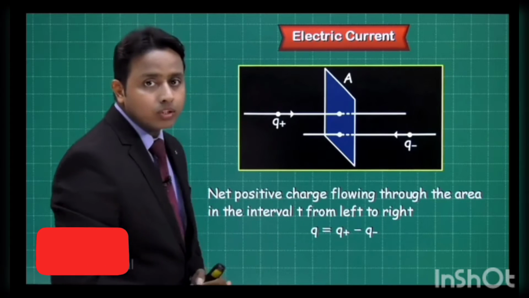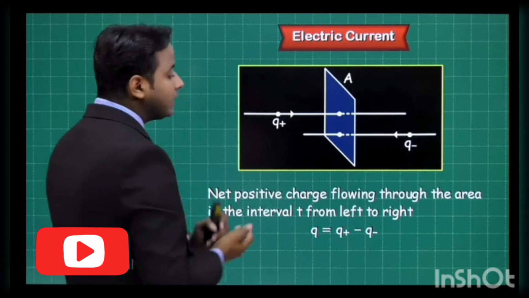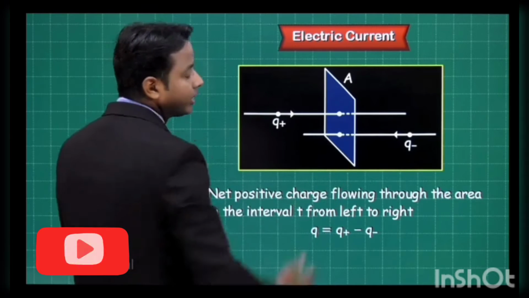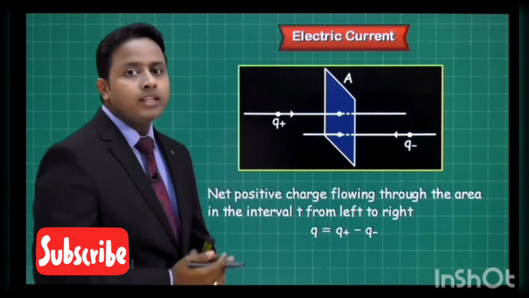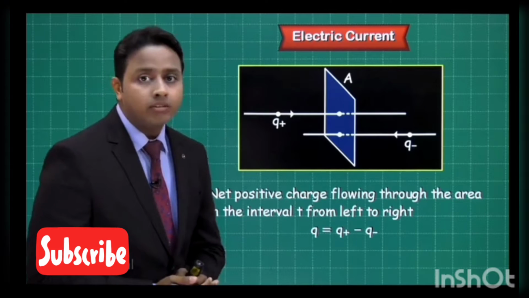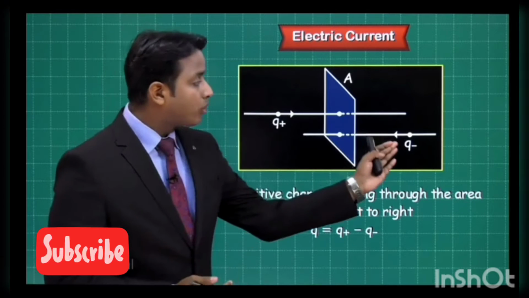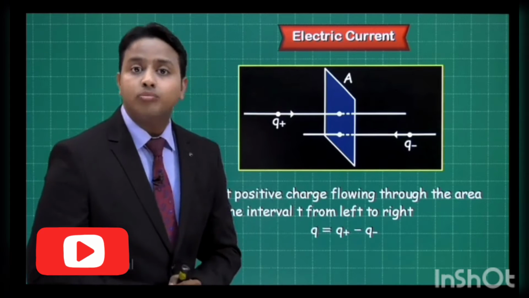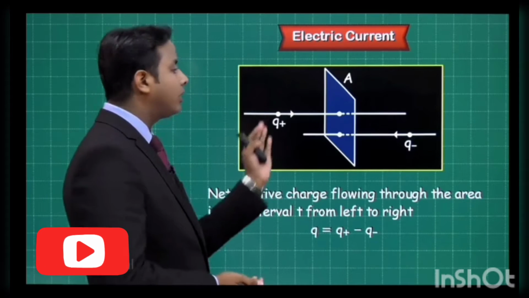So if I ask you a simple question, what is the net positive charge which is flowing through the area from left to right? I hope this idea is very clear to you, that whenever a negative charge is moving from right to left, it is actually the equivalent amount of positive charge which has moved from left to right.